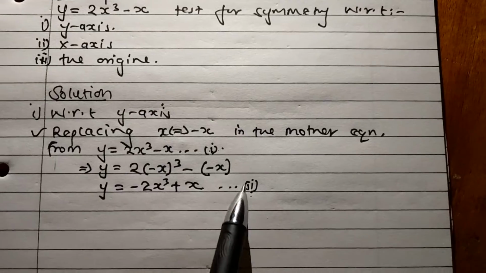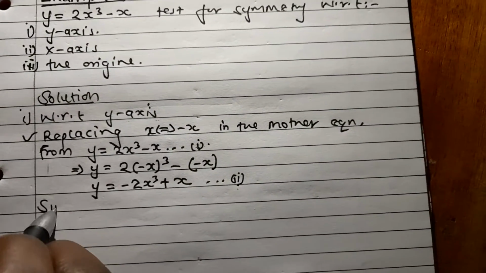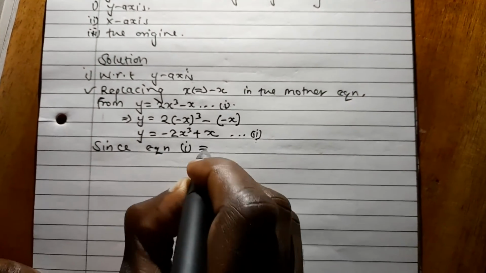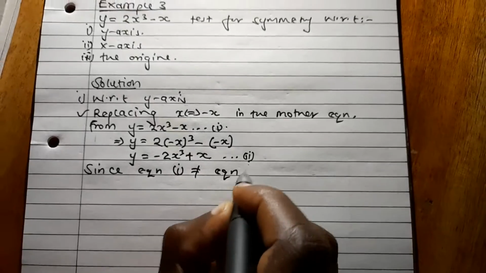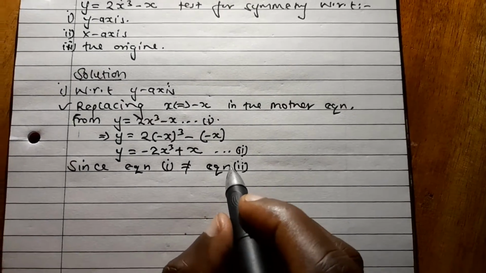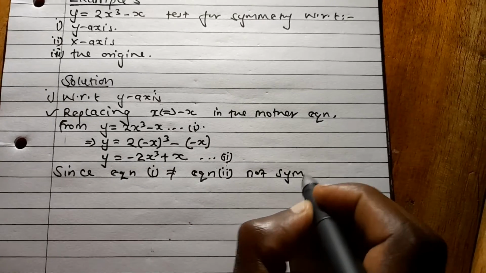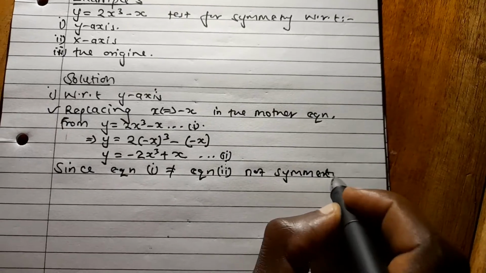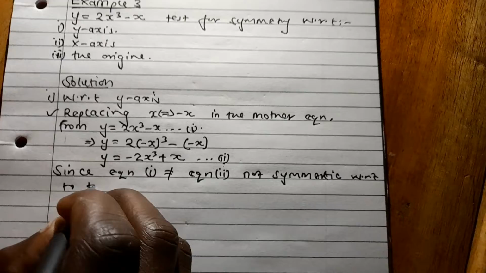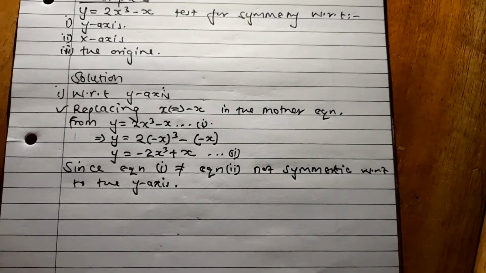So since equation 1 is not equal to equation 2, there is no symmetry; it is not symmetric with respect to the y-axis.